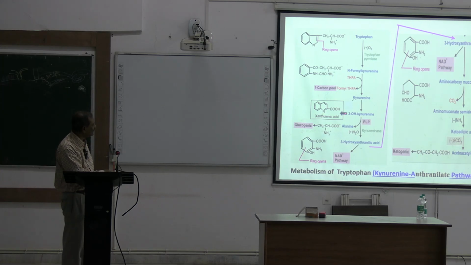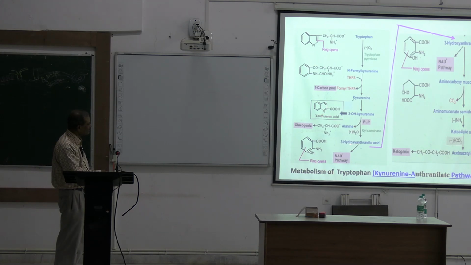Okay, so remember this step here. From tryptophan to N-formyl kynurenine to kynurenine, and at this stage the 1 carbon pool, that is formyl tetrahydrofolate, is formed. And from kynurenine to 3-hydroxykynurenine, this step is important. I will tell you about this step where it is related to pellagra and niacin deficiency.